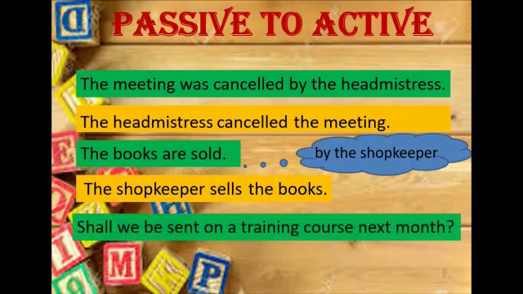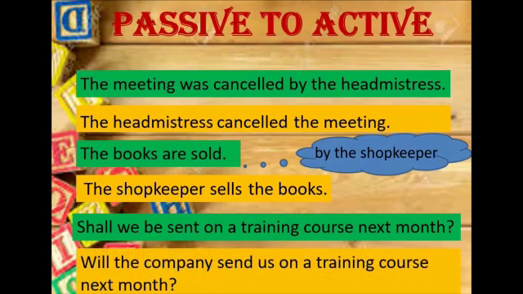Let's see another example. Shall we be sent on a training course next month? It's a long question. So what we have to do, this is a question, it will remain a question, and we are going to bring the subject at the object's position and the object at the subject's position. Because there isn't any subject given.